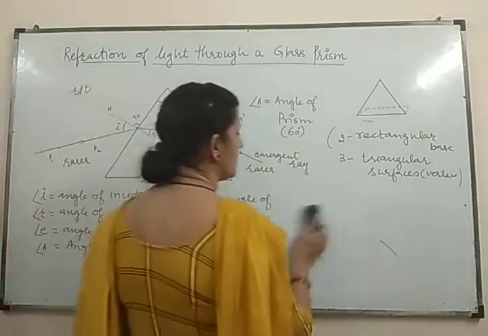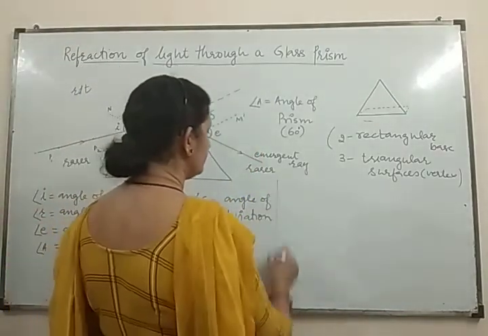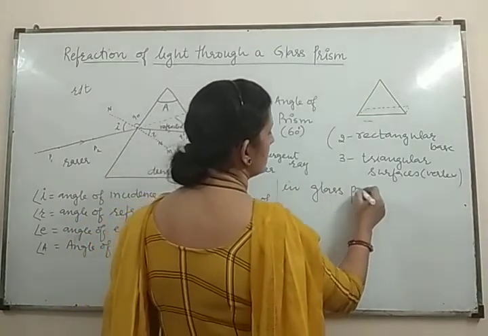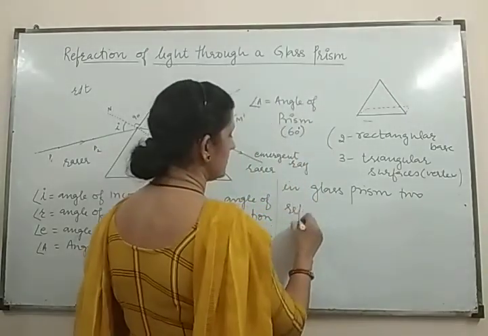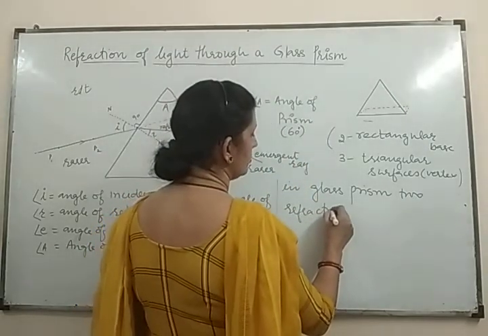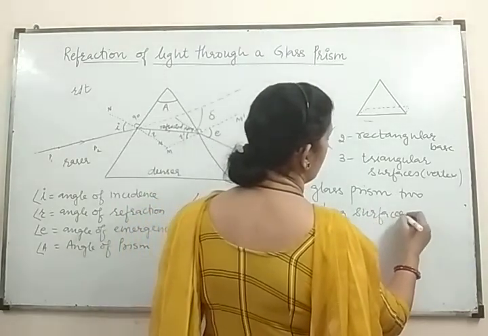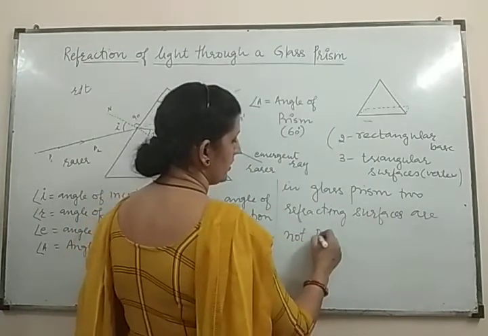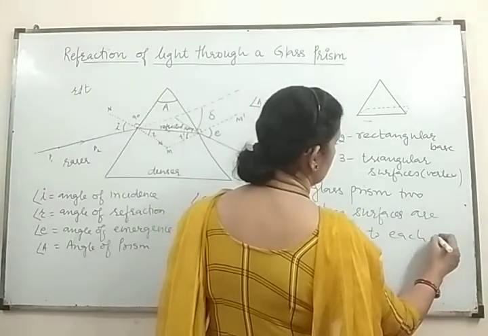Here is the answer: in glass prism the two refracting surfaces are not parallel to each other.